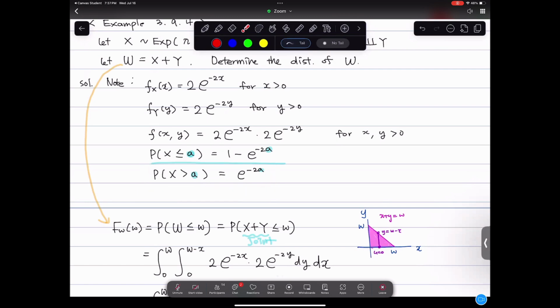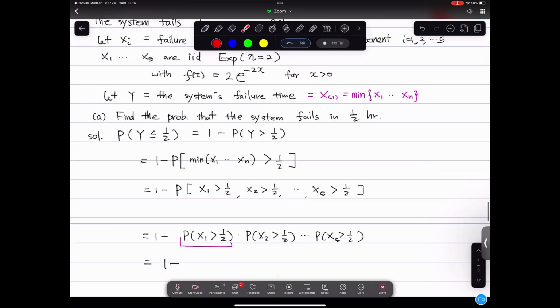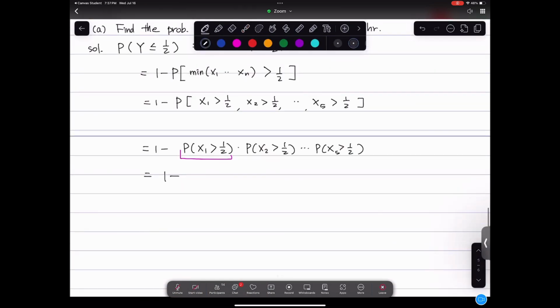So it's e to the power of negative 2a, which is a lambda of 2 in that case, and I have a lambda of 2 also in this case. So I'm getting e to the power of negative lambda times that number a, which is 1/2. So that's my first one.